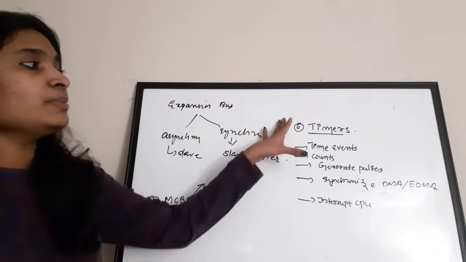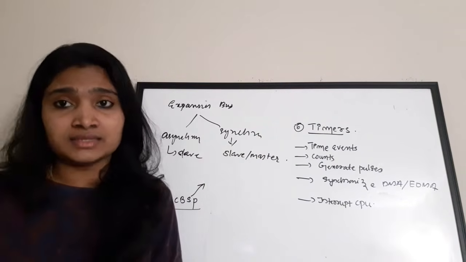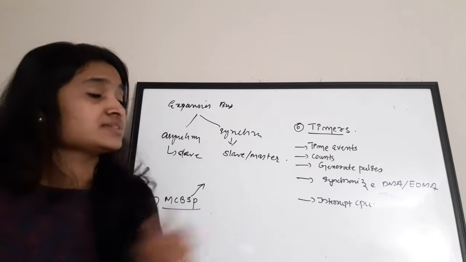Now about the timers. There are two 32-bit timers present in this C67XX architecture.